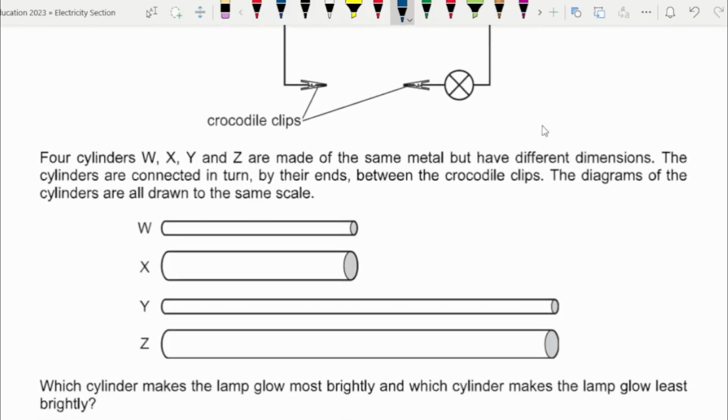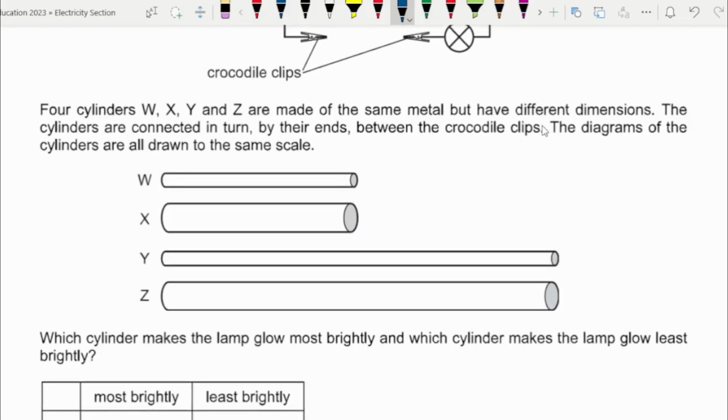So we gotta pick the lowest resistance. So for the lowest resistance, we need to choose between W and X because they have the small length, and between these two, we'll be going with the option X because it has more cross-sectional area or more thickness.